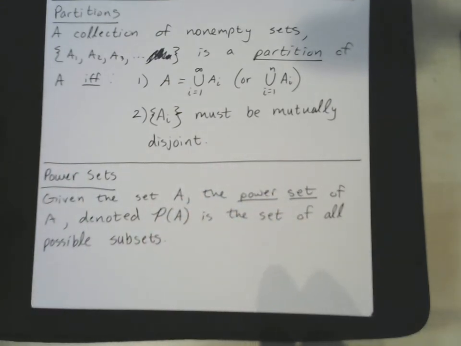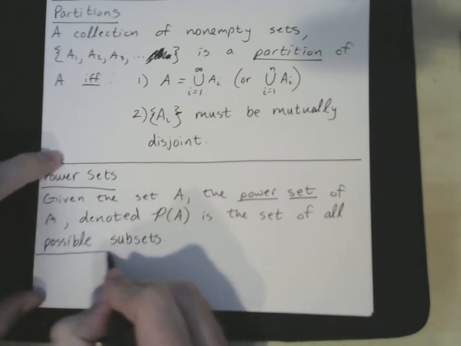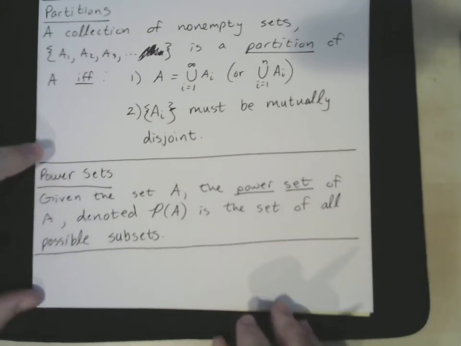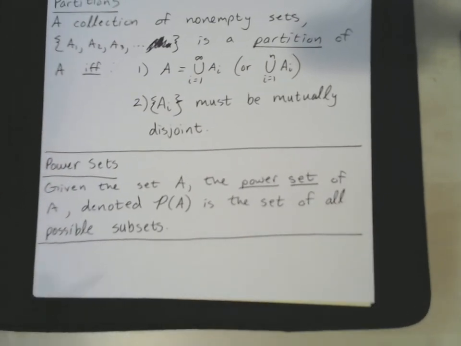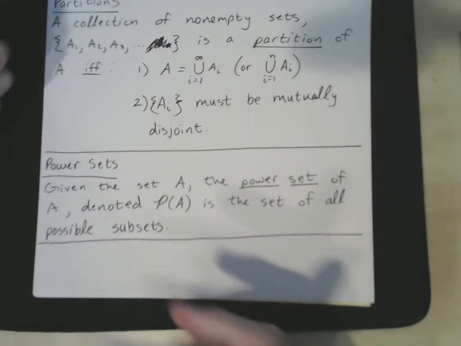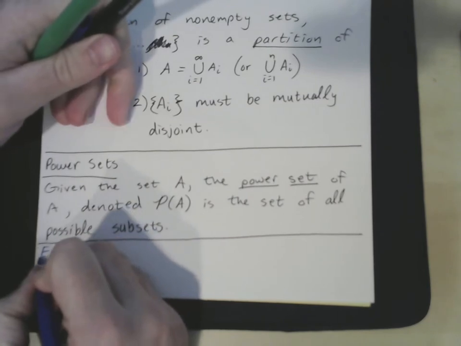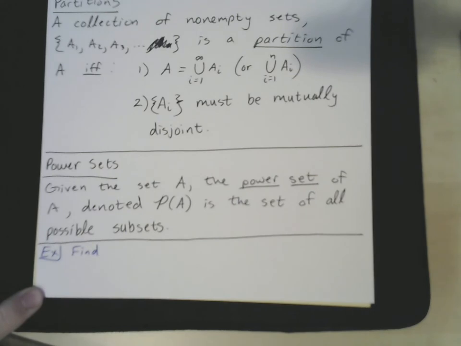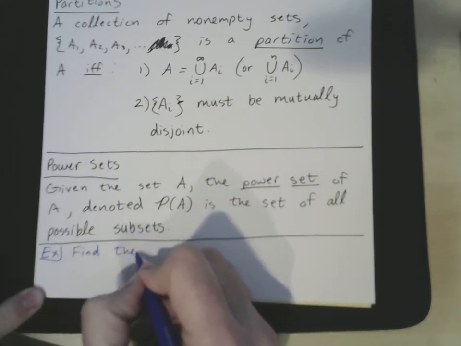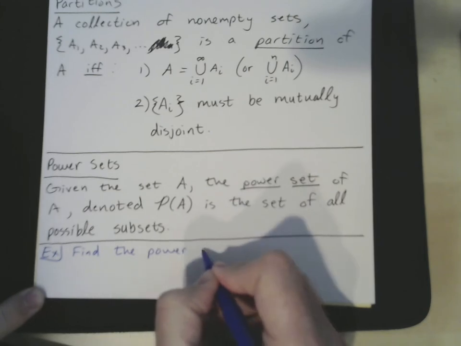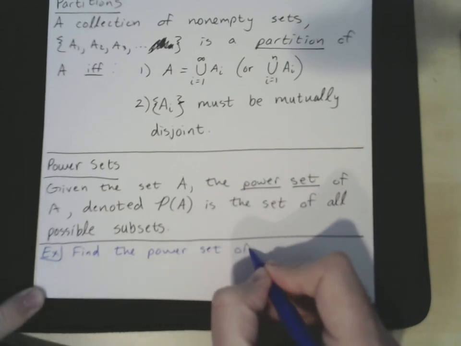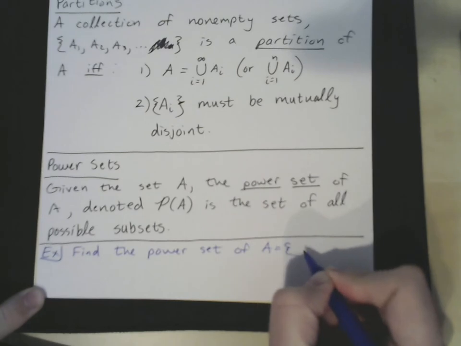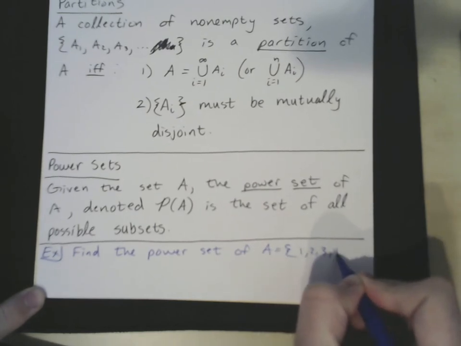Now, this is not always easy. In fact, we're going to do a little problem here, or you're going to do a little problem here, finding a power set of a relatively small set. So in this example, I want you to find the power set of {1, 2, 3, 4}.